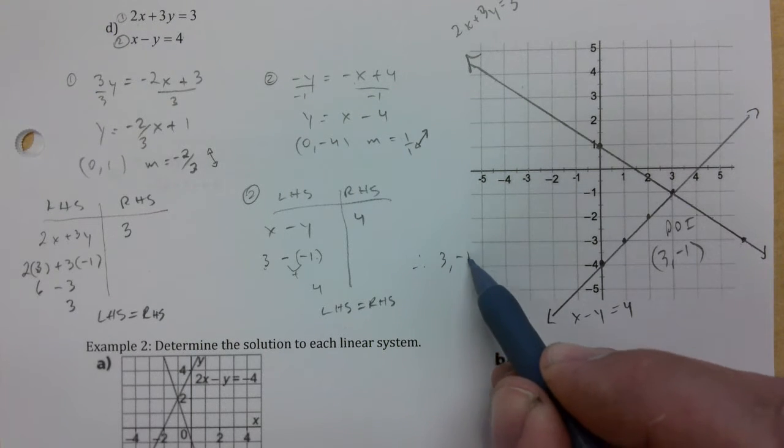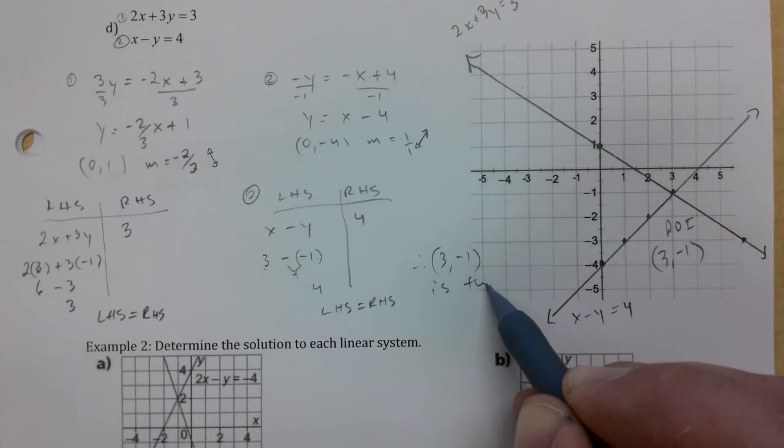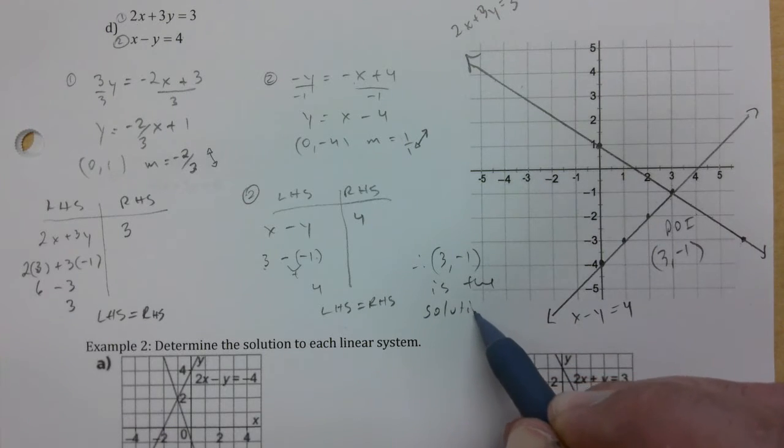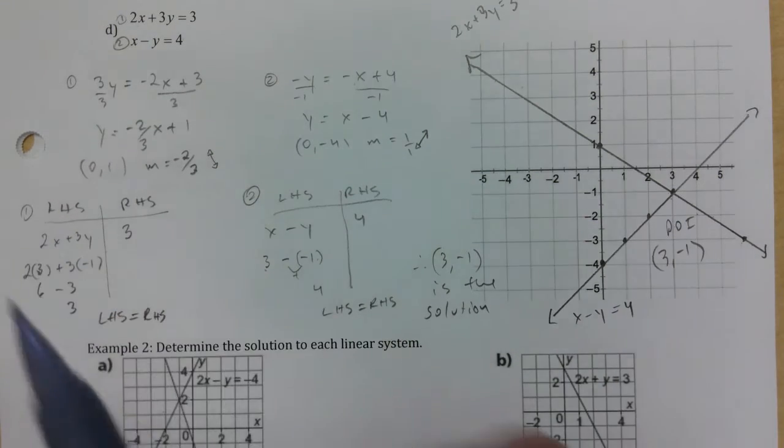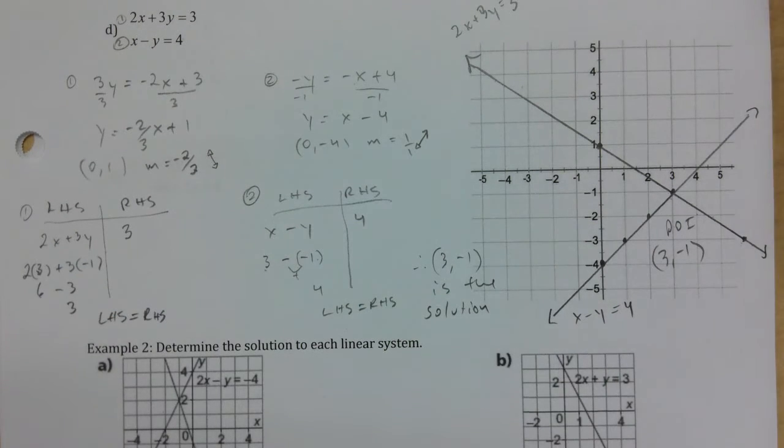Therefore, 3, negative 1 is the solution. And remember, I told you always go back to the original when you're checking, just in case you made a mistake in rewriting. You will find out that you made a mistake, right?